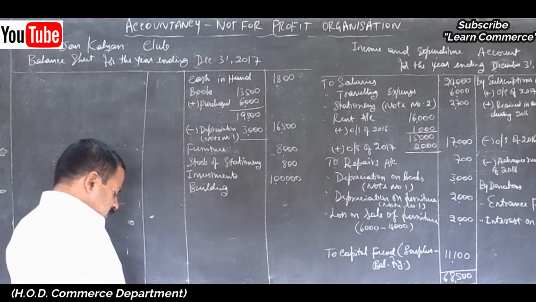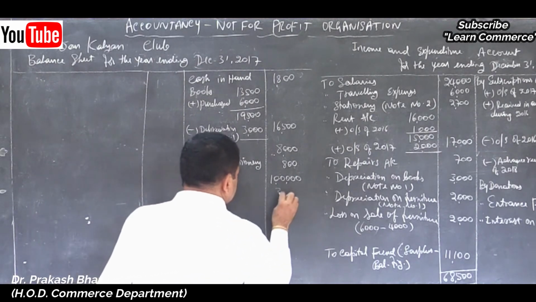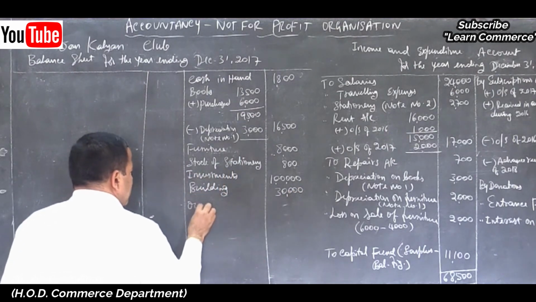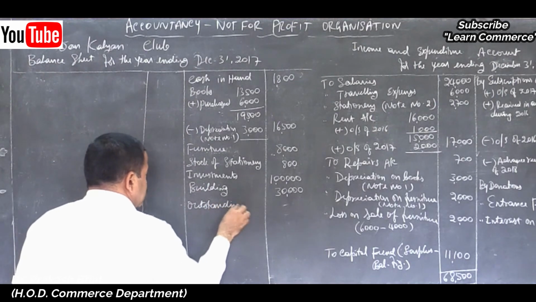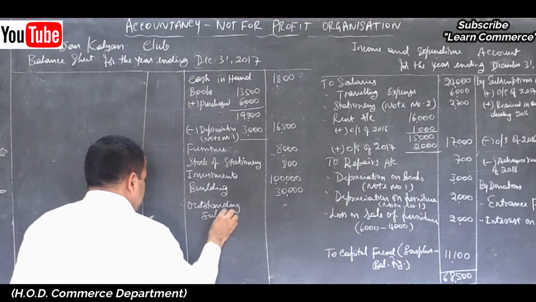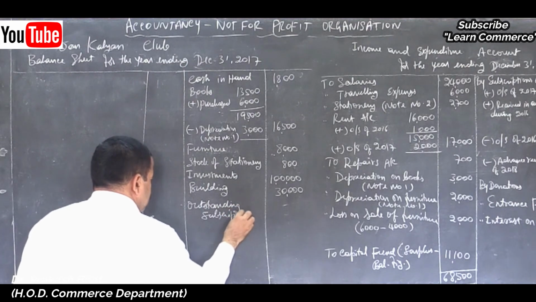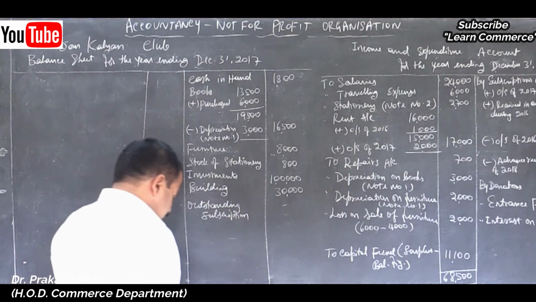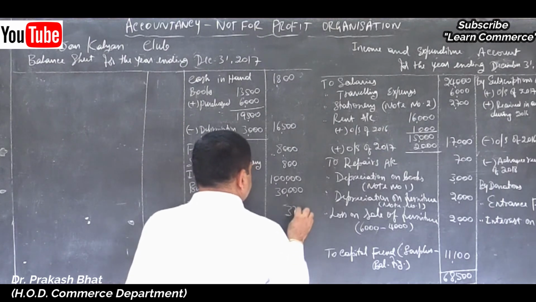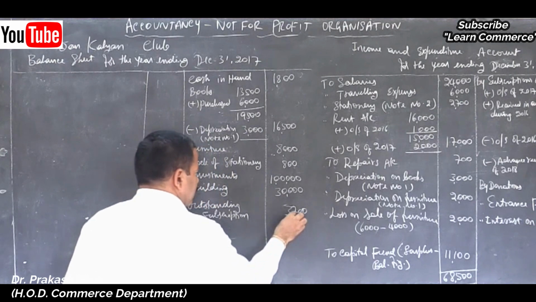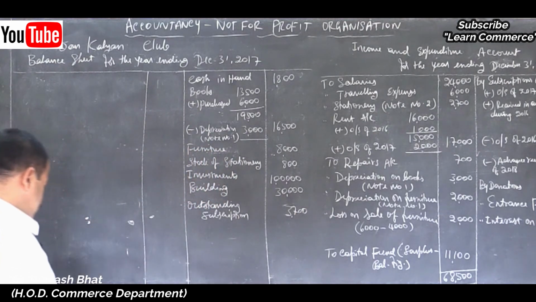Building 30,000. Then outstanding subscription. Outstanding subscription is 3,700. Then what else? That's all.